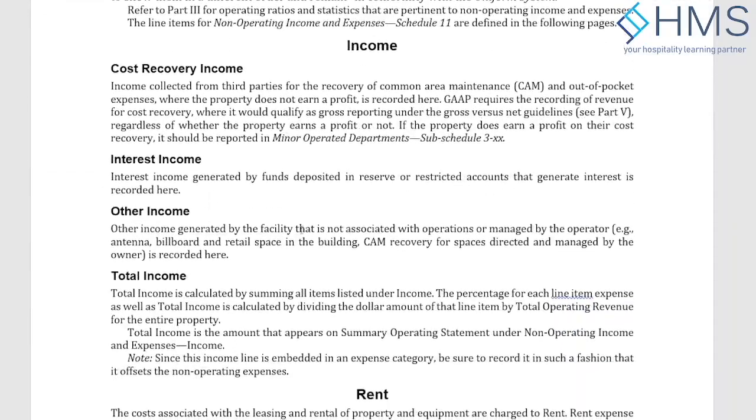Right, and then you have non-operating income and expenses. Non-operating income means income of the hotel that is not related to the operating departments or the normal operations of the hotel.